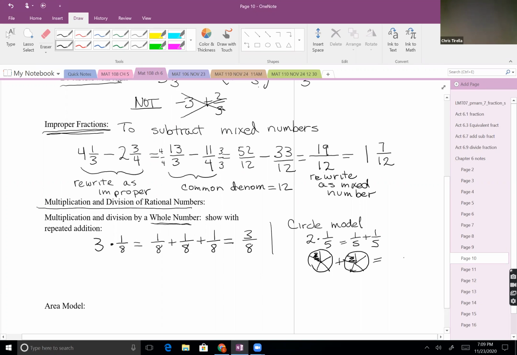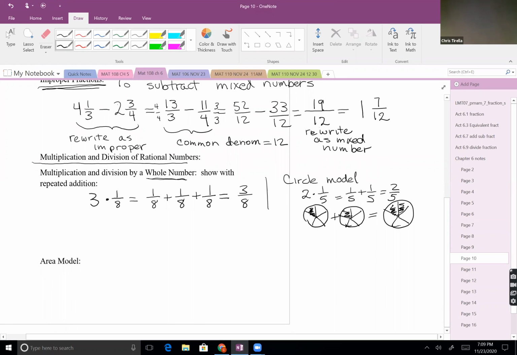And when I put them together, I would have 2/5. I could look at it with the strips. So this circle model would be my area model.